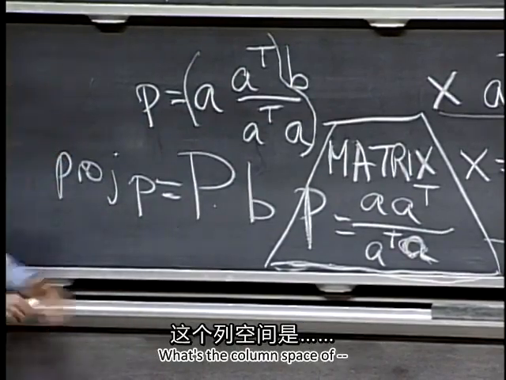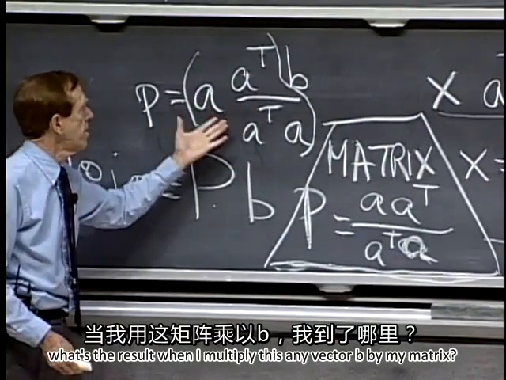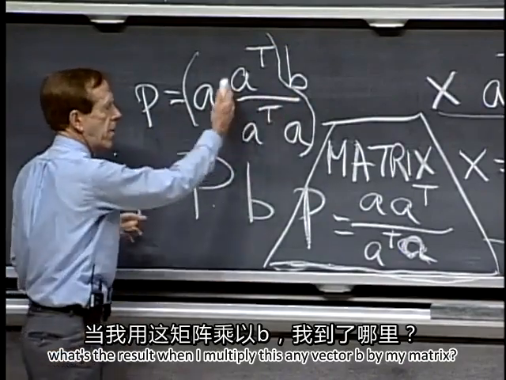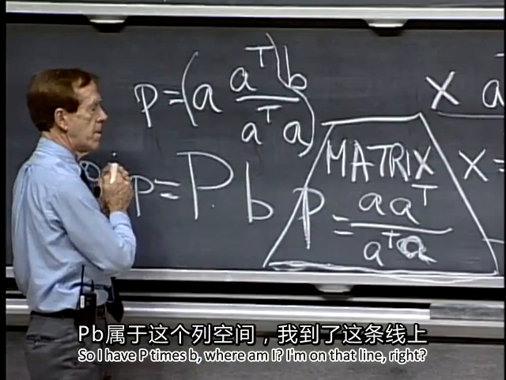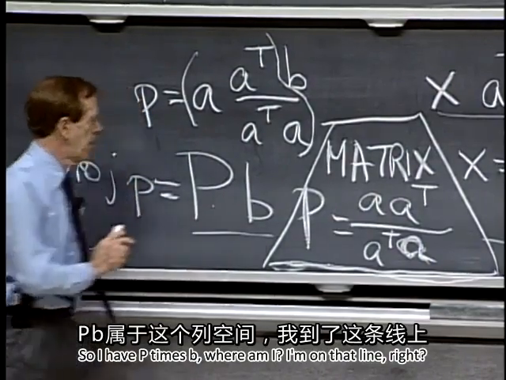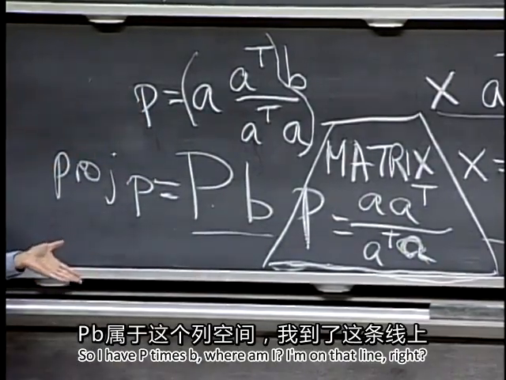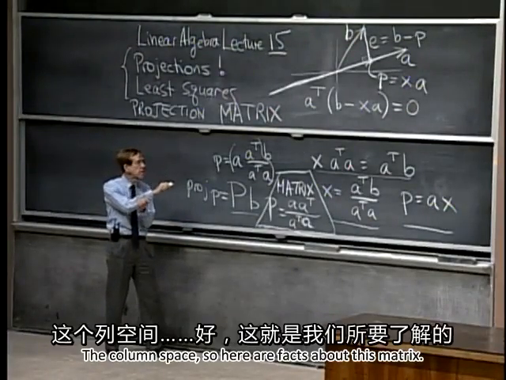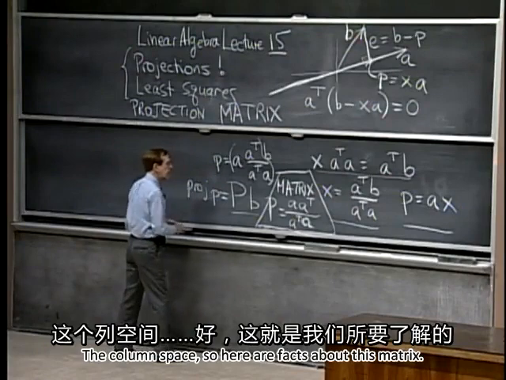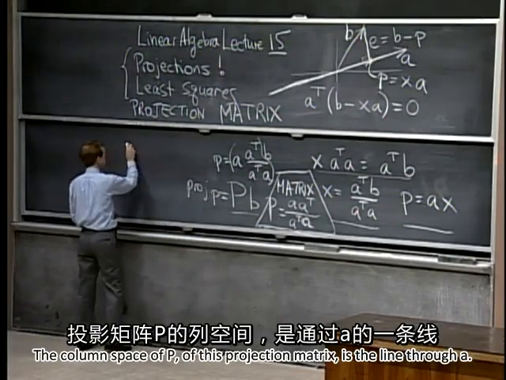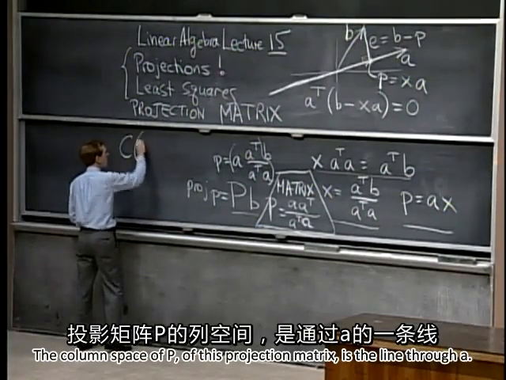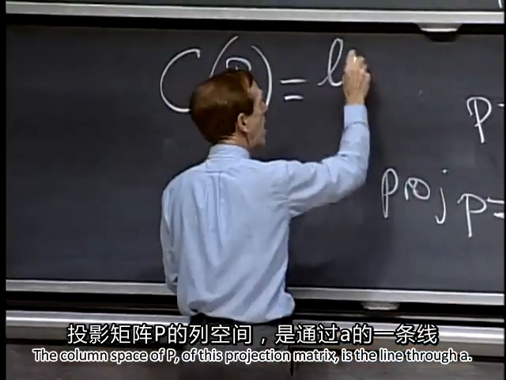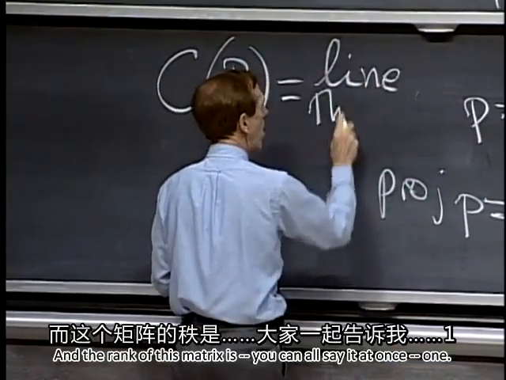What's the result when I multiply any vector B by my matrix? So I have P times B. Where am I? I'm on that line, right? The column space. So here are facts about this matrix. The column space of P, this projection matrix, is the line through A.